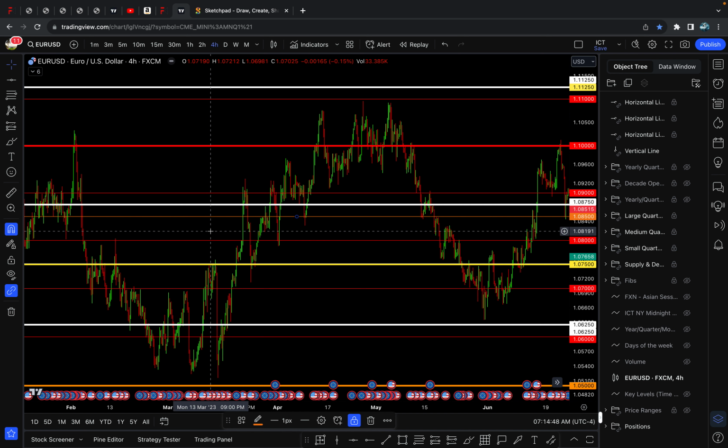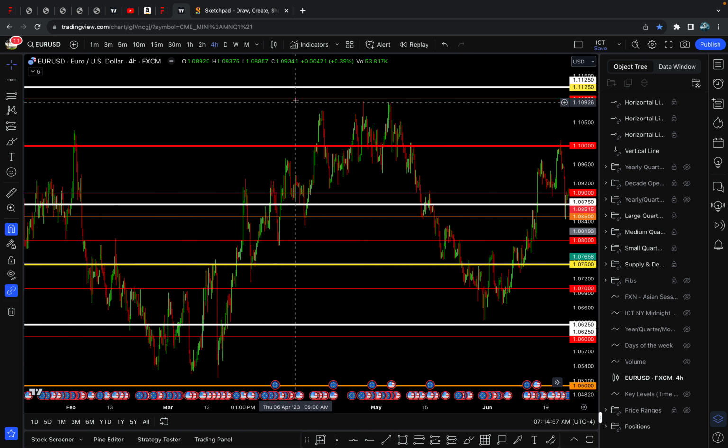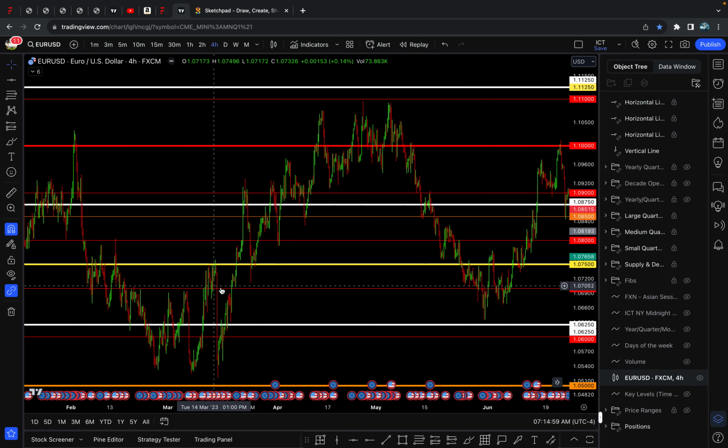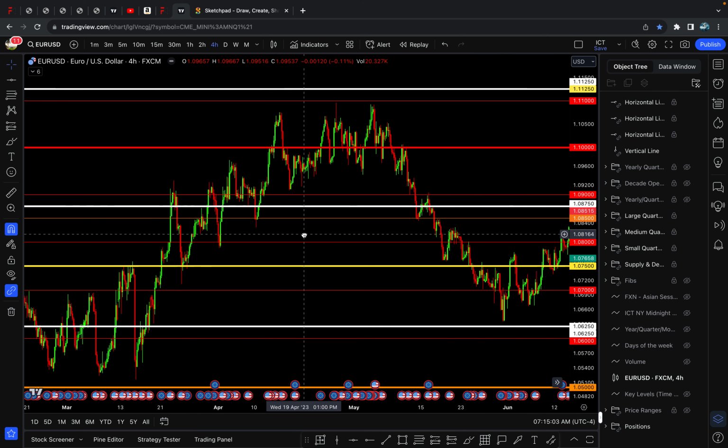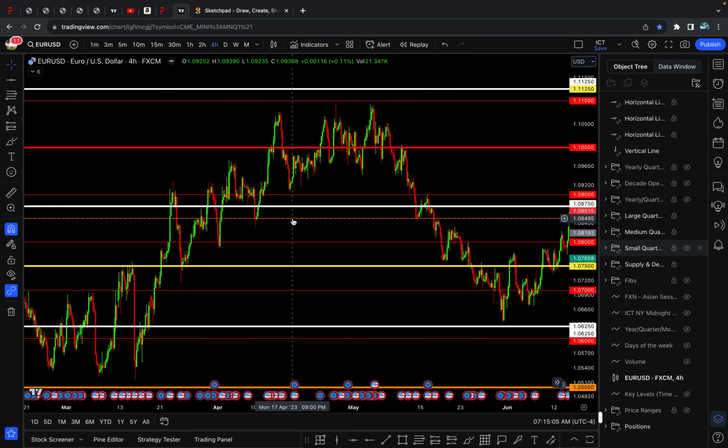And I just don't have a lot of the yellow 1000 levels because they're less significant, and I certainly don't have any whites because I did that a long time ago and it's just too much. You don't need it. I pretty much just stick to the half levels on the 1000 in terms of significance.